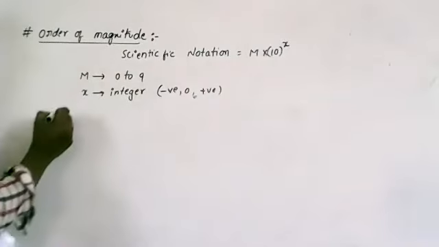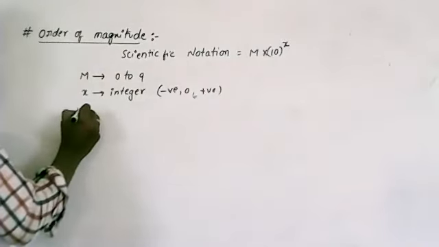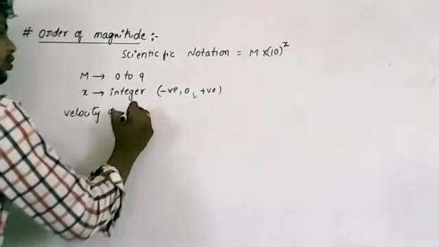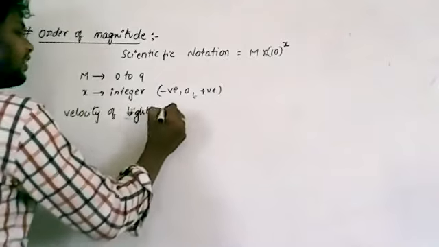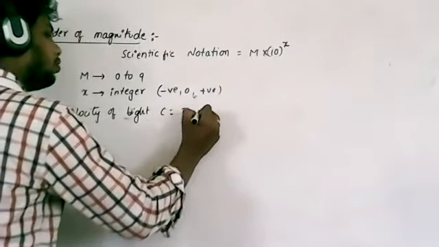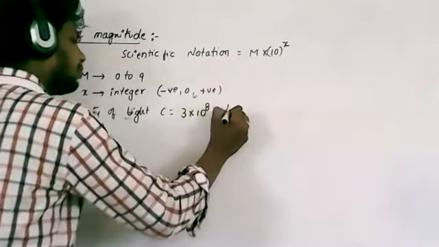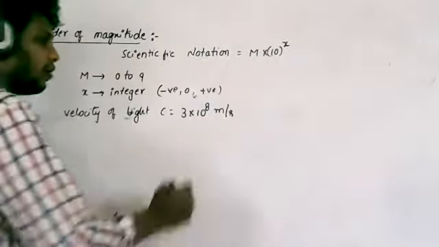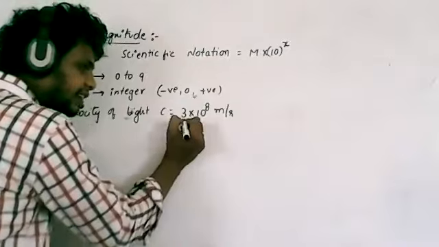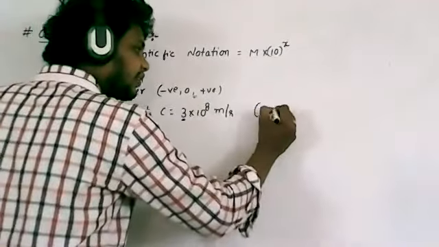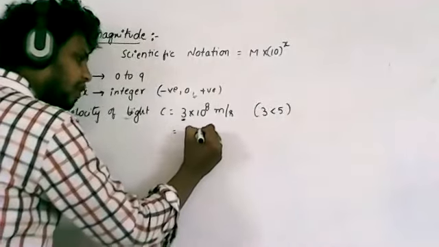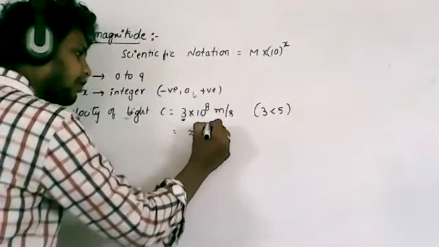Now listen. For example, if you take the velocity of light, it is taken as c equal to 3 into 10 to the power of 8 meter per second. Clear? Now remember, if the digit is less than 5, so 3 is less than 5, then always you have to express it as 10 to the power of 8 only.